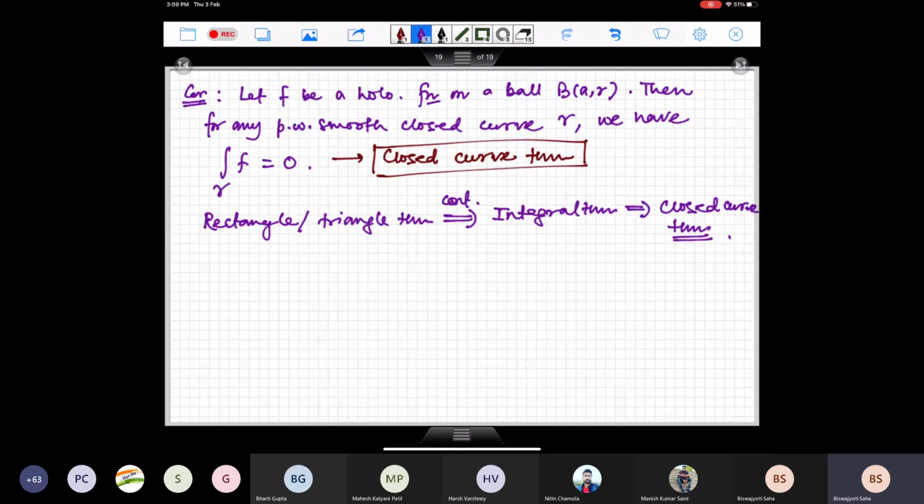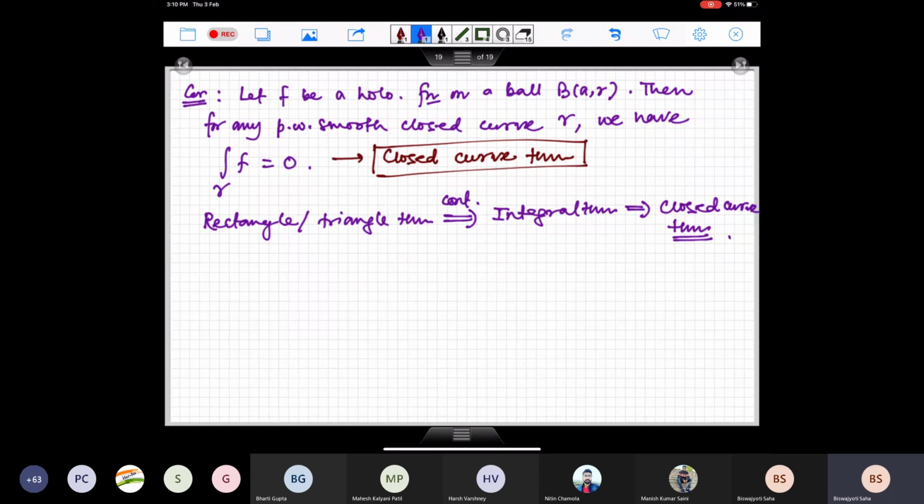Okay, so you see, when we started doing all of that, our aim was to show that a function which is holomorphic is going to have a power series expansion. If I need to get to that, I will have to work with one function.